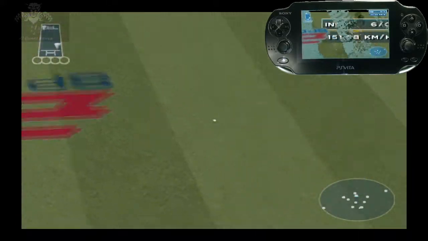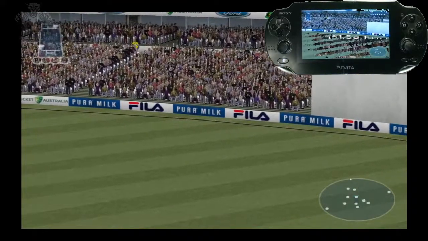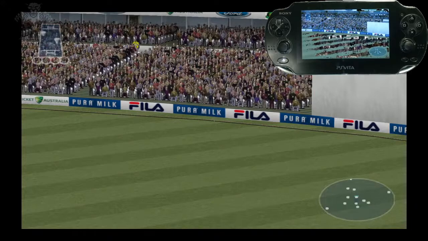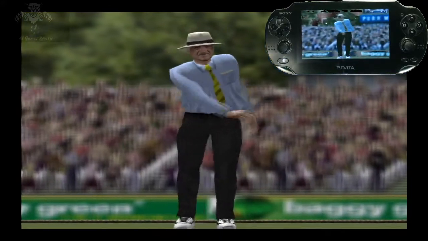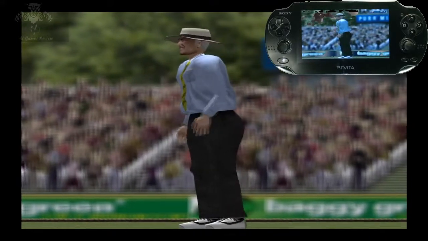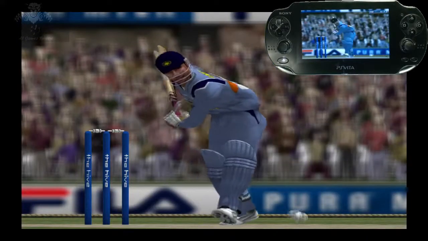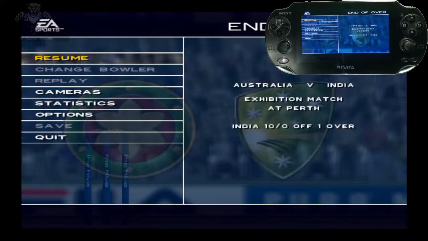Not timed perfectly, but they've got some runs anyway. Good stroke for 4. Picked up very early by Tendulkar. He picked that ball up beautifully. The bowler will have to be careful not to put the ball in that area again. Runs were picked up from that over by Tendulkar.